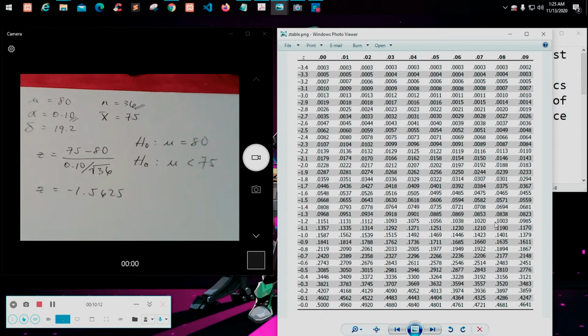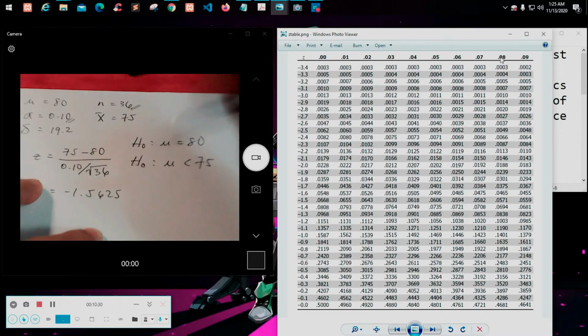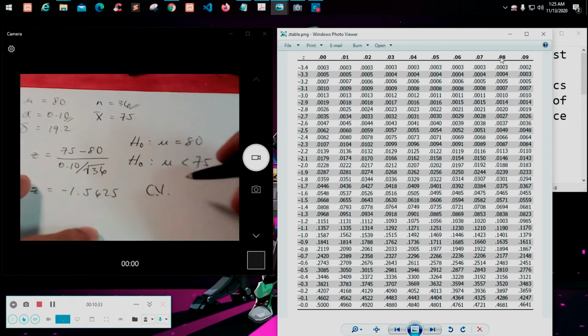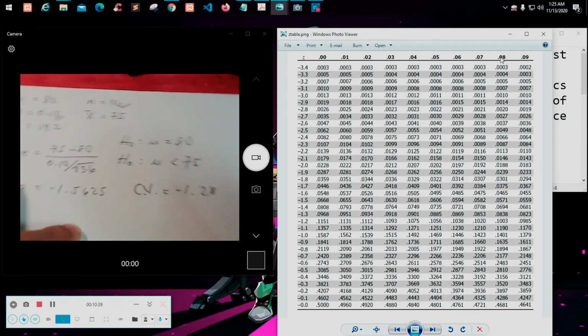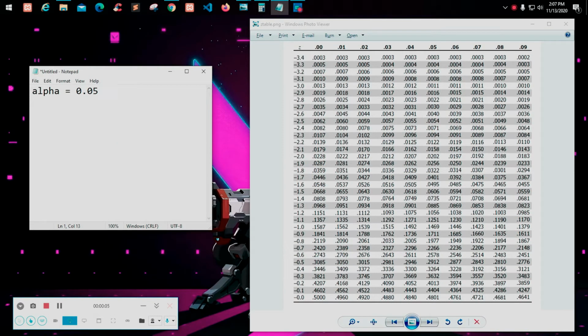So it is located in the negative 1.2 and 0.08. Ayan. So we have the critical value of negative 1.28. Ayan. So this is your critical value. So this is how you get the critical value from the Z table.